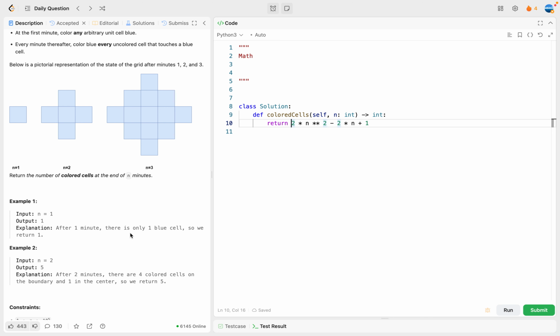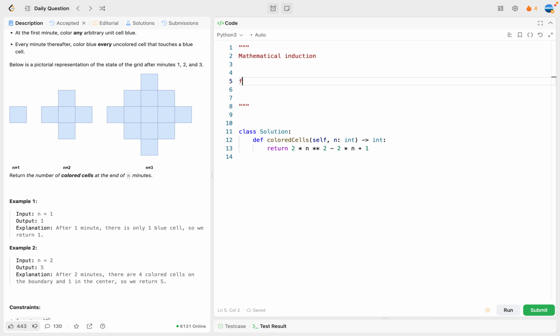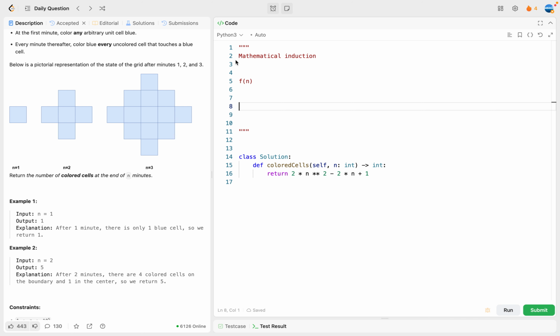Here I'm going to do it by mathematical induction. I'm going to call the result fn. Let's first look at n equals 1: we have f1 equals 1.